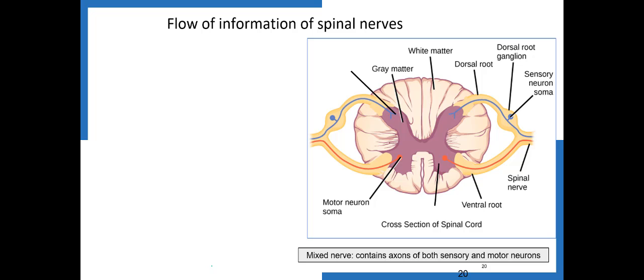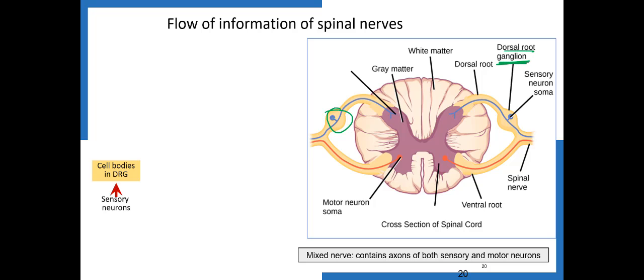When we look at the flow of information of spinal nerves, and again, go through this slide several times, what we have is when we start at the sensory neurons, so from the peripheral, they have their cell bodies in this ganglion called the dorsal root ganglion. So if you look at the name, the ganglion is a collection of cell bodies.